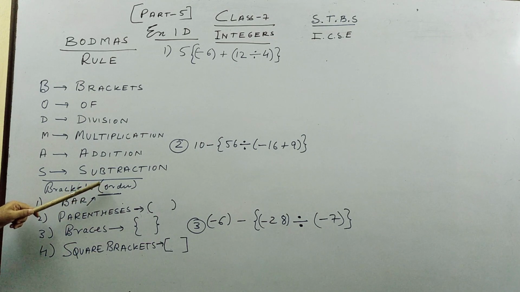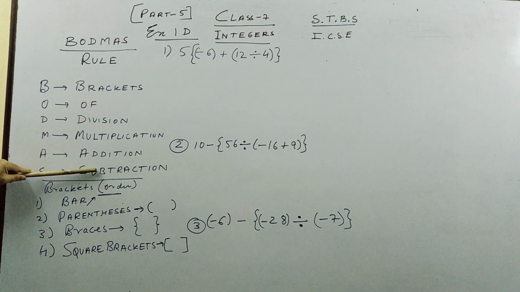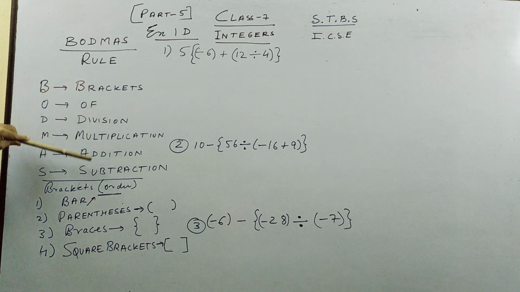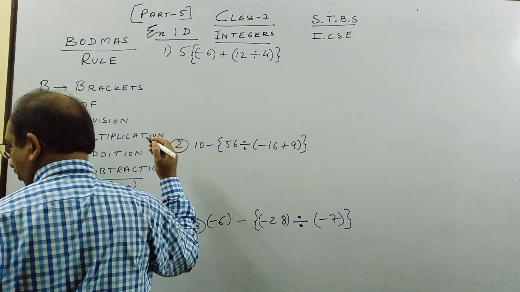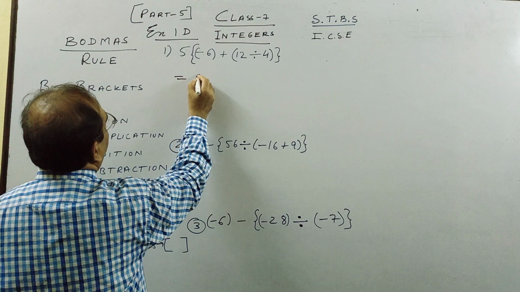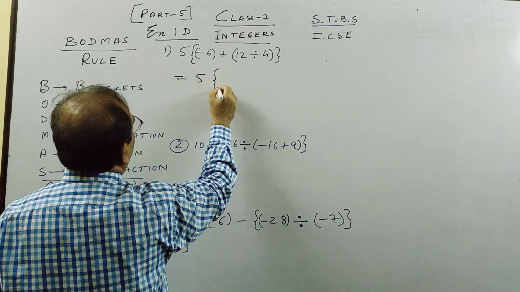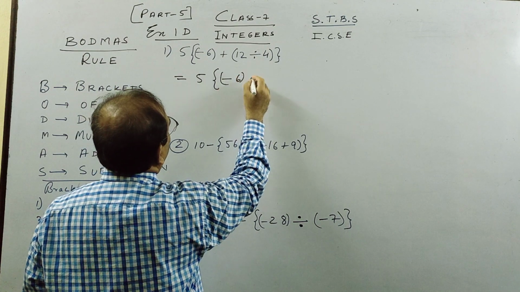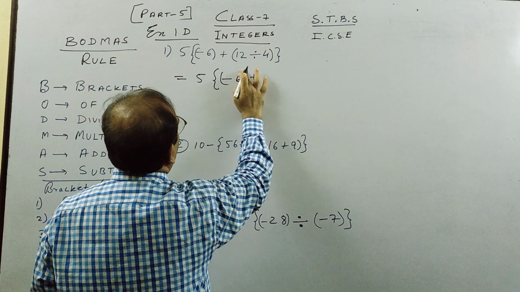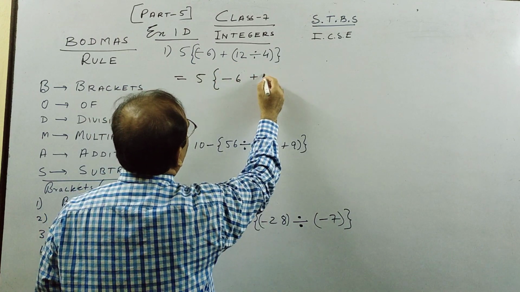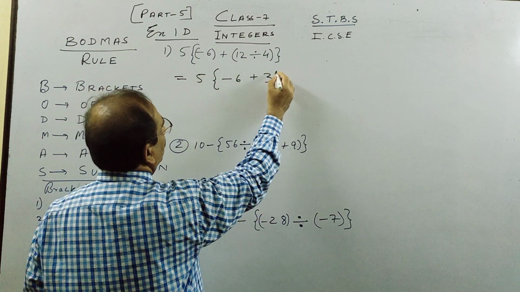So these are the 4 types of bracket. This is the order of doing brackets, and this is the order of doing fundamental operations. So here we go. We start the very first sum, which is this 5. First we will do the small bracket. We remove the small brackets, and this will be 3, because 12 divided by 4 is 3.